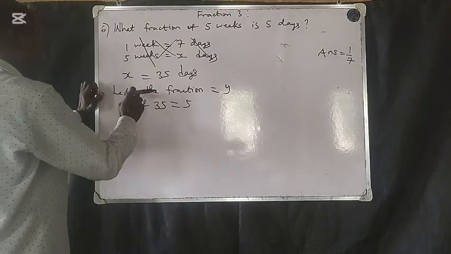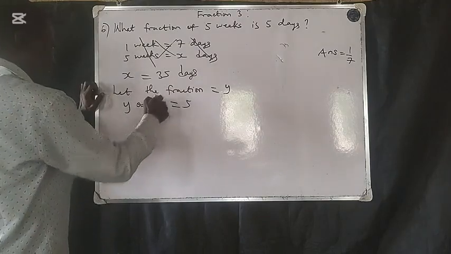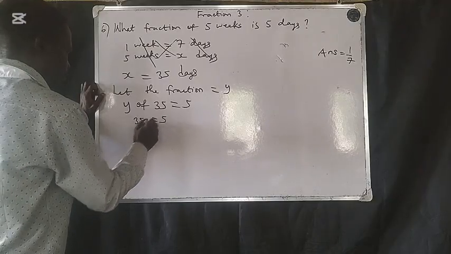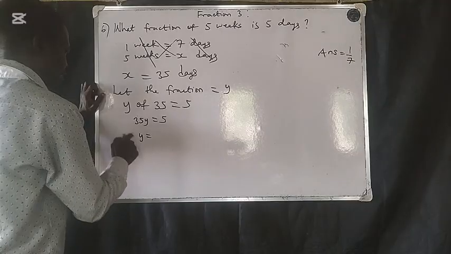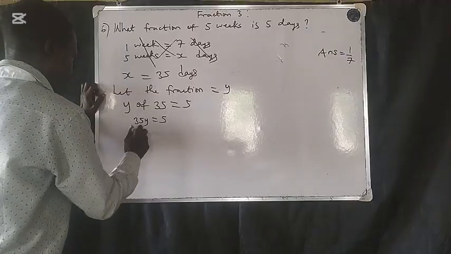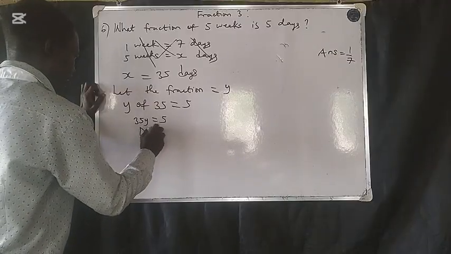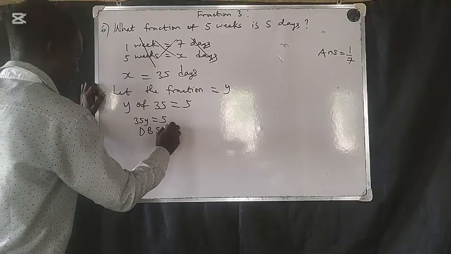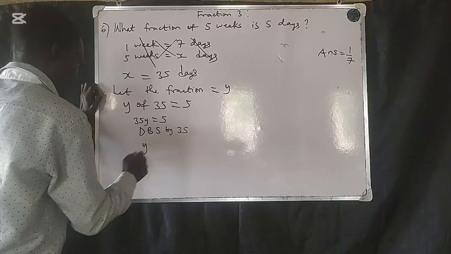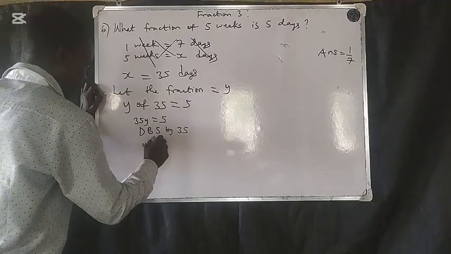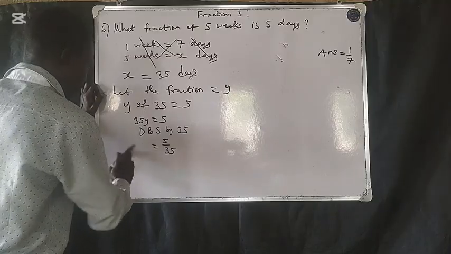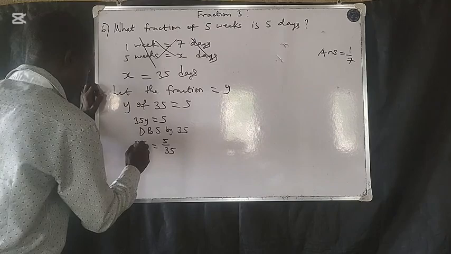So we know that "of" is times. So y times 35 gives us 35y equals 5. So we divide both sides by 35. 35 here, 35 here. Then this one will be 5 over 35.